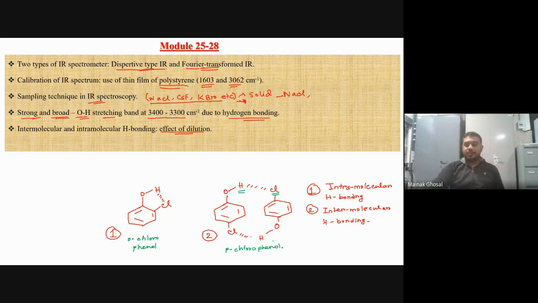Suppose you have been told that there are two containers, in one there is orthochlorophenol, in another there is parachlorophenol. You need to distinguish which one is ortho and which one is para by only using IR spectroscopy. How will you do that?